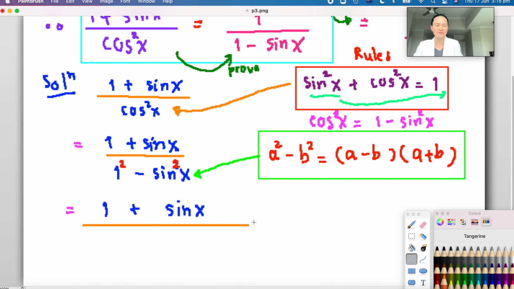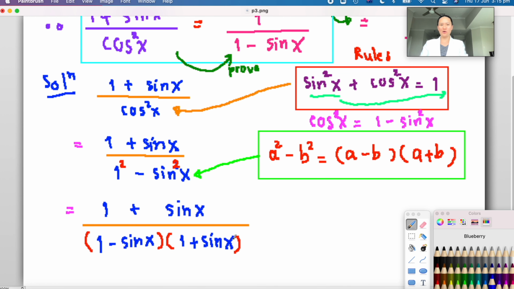Can you see it's similar to two brackets? 1 is a, sin x is b. So it's going to be like this: (1 minus sin x), a minus b, times (1 plus sin x), a plus b.